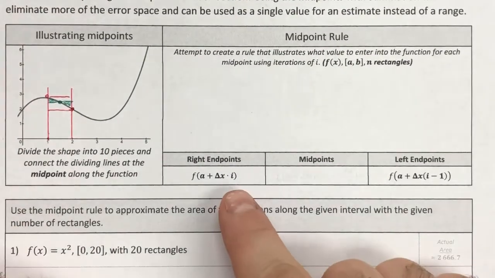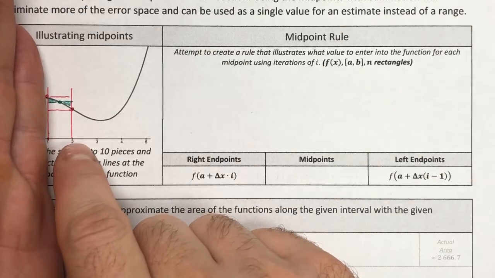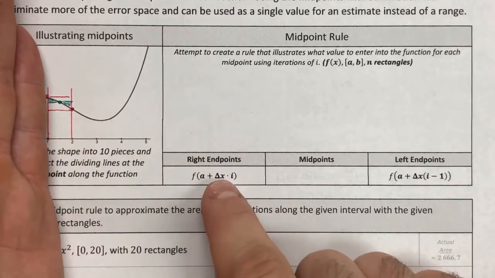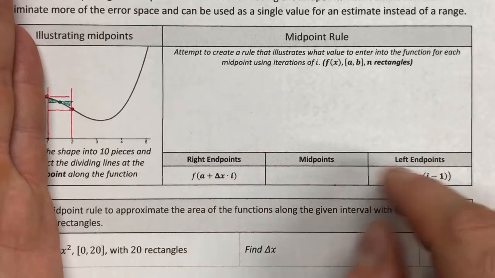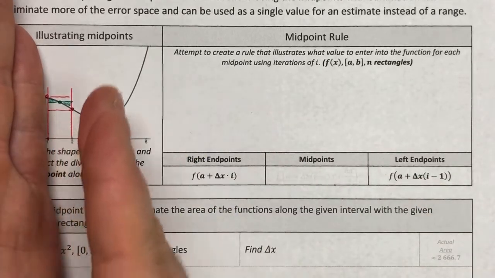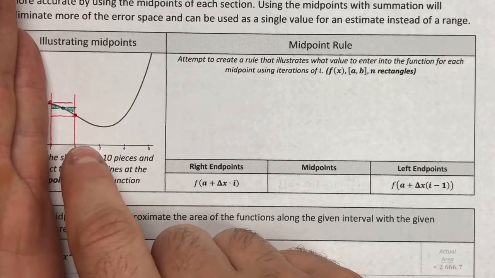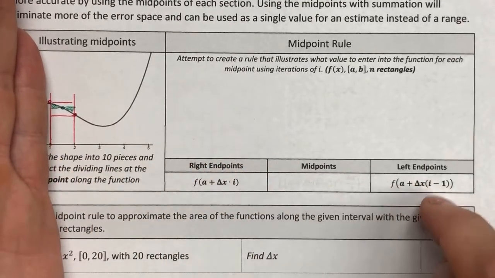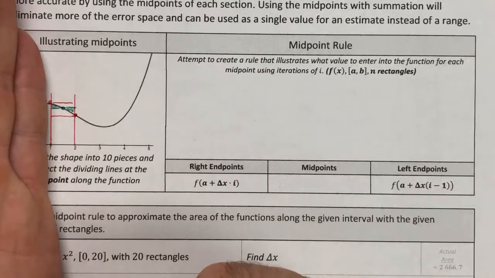Well, we know with the right endpoints, we always start wherever the function is, and I say, well, the right endpoint is I move over delta x, which is why we plug in delta x that many times. For the left endpoints, for my first iteration, I have to go back to my original. So albeit I start here, I'm adding delta x one less time than my number suggests. So how would I get midway?